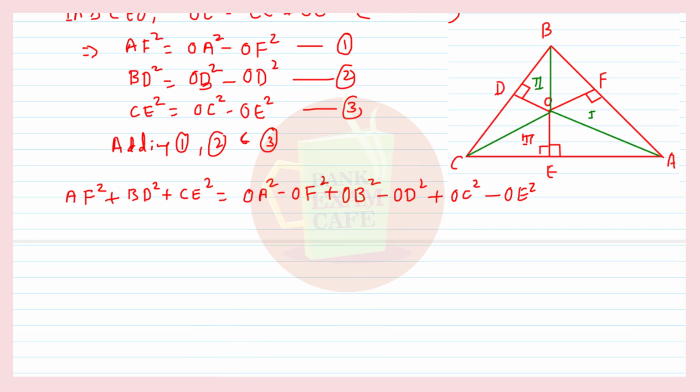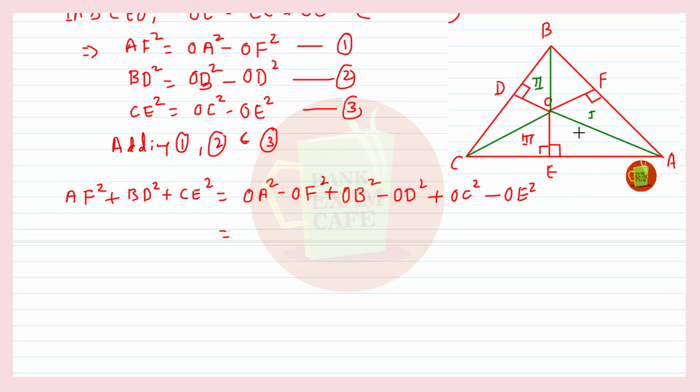Now here, we have already got the left hand side. Now check the right hand side. Here OA square minus OE square, look at the figure. This is also a right angle triangle, and therefore the square of the hypotenuse is equal to the sum of the squares of the other two sides.